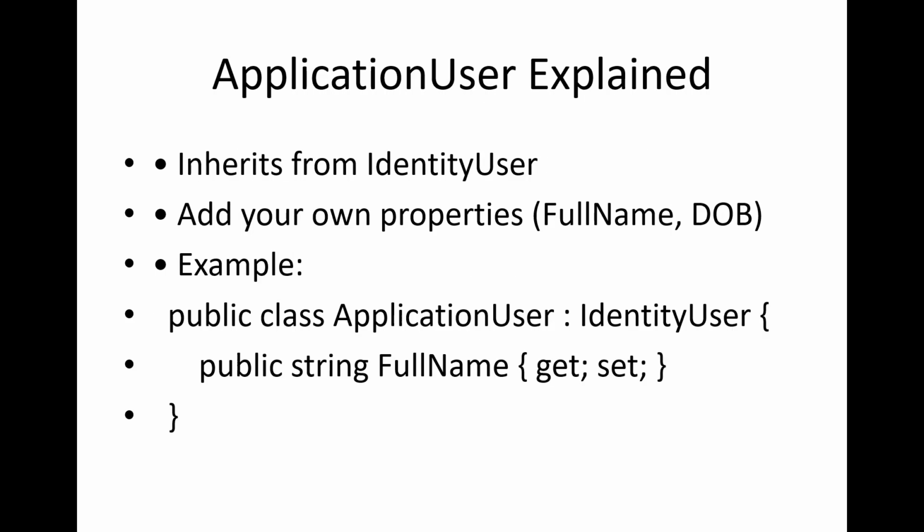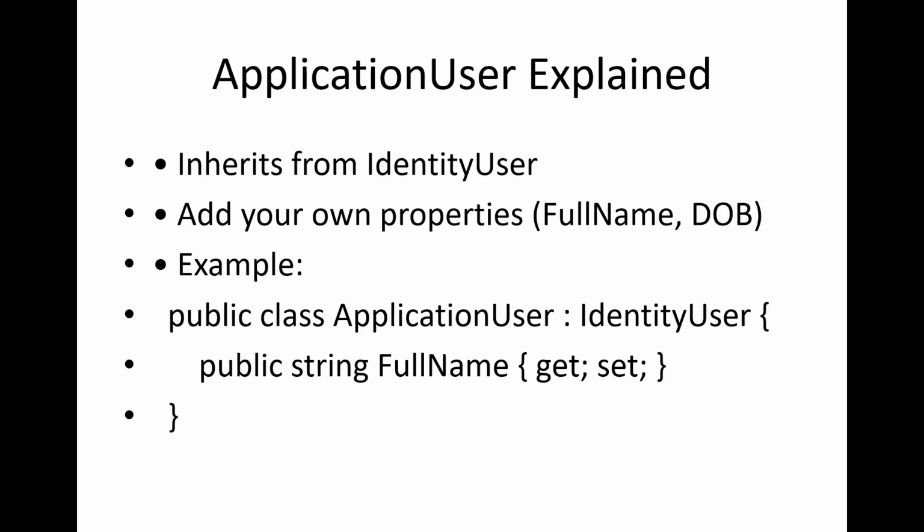For the ApplicationUser, you can see that it's inherited from IdentityUser. The Identity framework itself provides the IdentityUser class, but we might need some additional properties or features to be added.